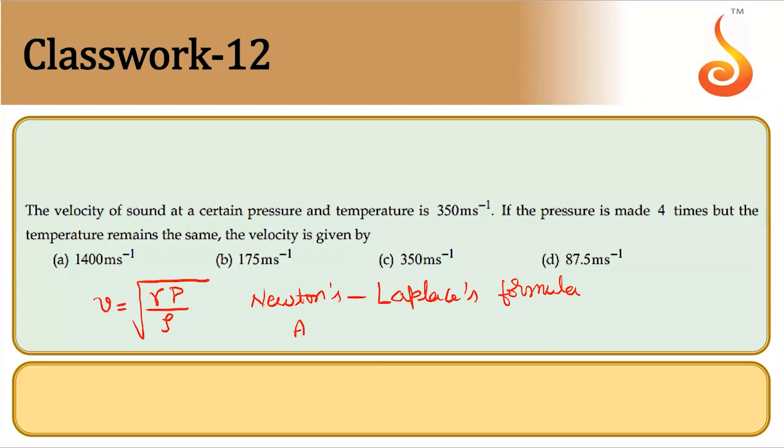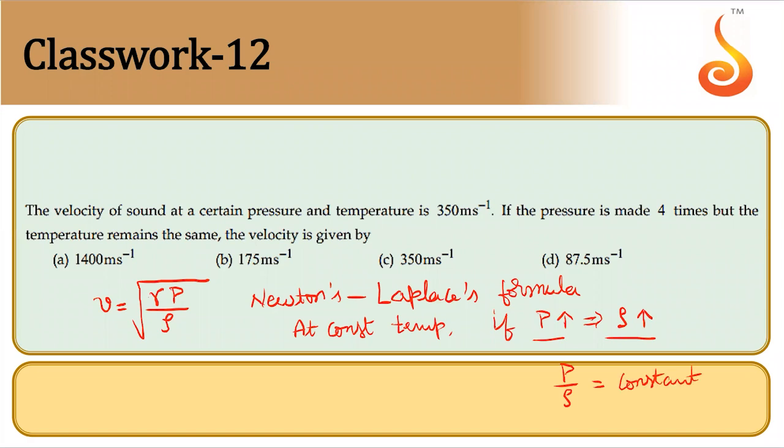At constant temperature, if pressure is increased, then density also increases. So they are directly proportional. So pressure increases implies density increases, so that P by rho remains constant, right?